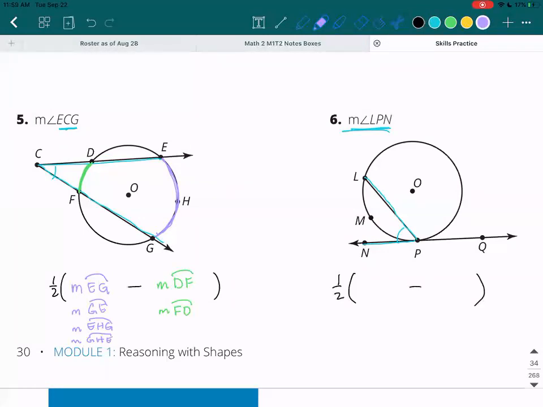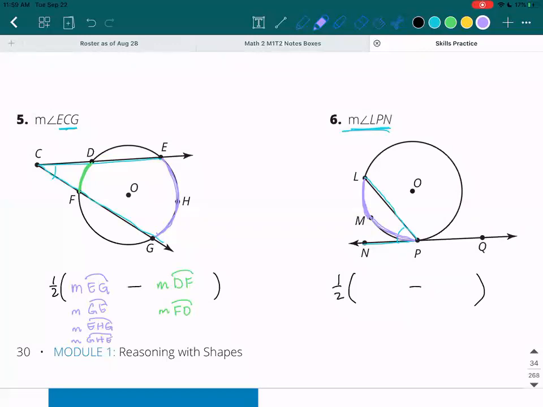So let's start off with the big arc. What is the arc that is being eaten by the blue angle? Being hugged. LM. All right, LM, good. And actually keep going until you reach P. Yes, LMP. We want to make sure the arc touches the blue lines.